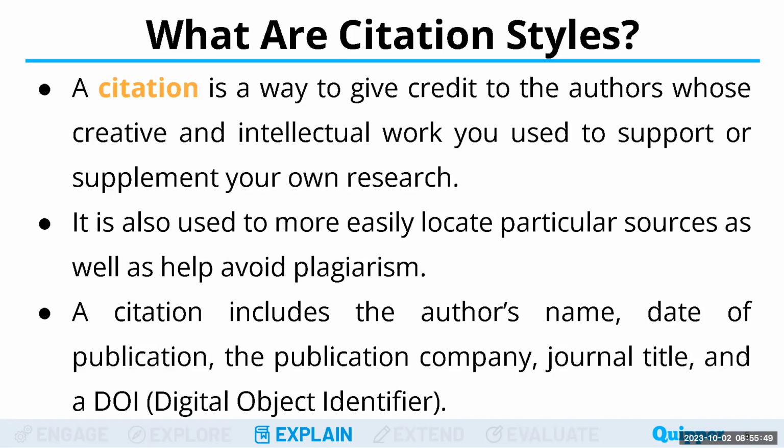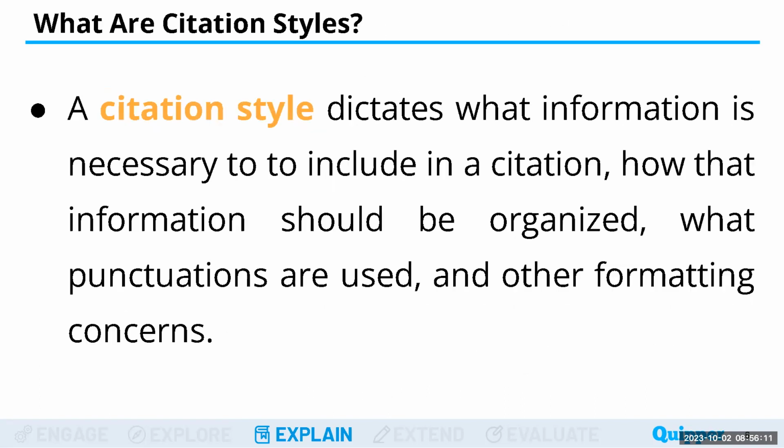So again, the citation is used to easily locate particular sources as well as to avoid plagiarism. And the most important thing is that in a citation, included there is the author's name, the date of publication, the publication company, a journal title, and the digital object identifier or the link.